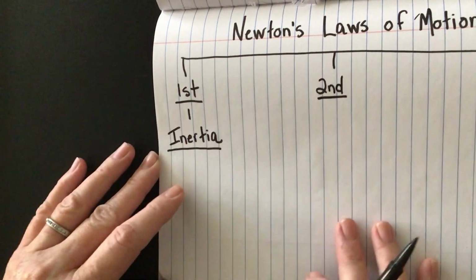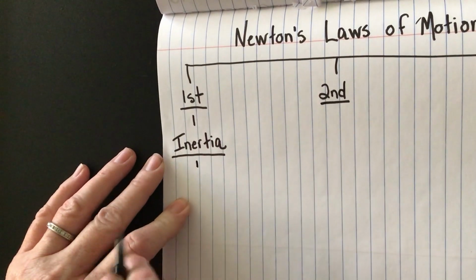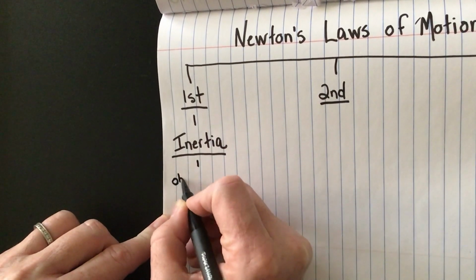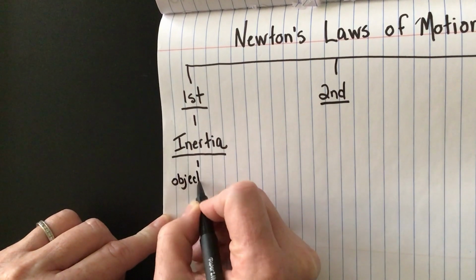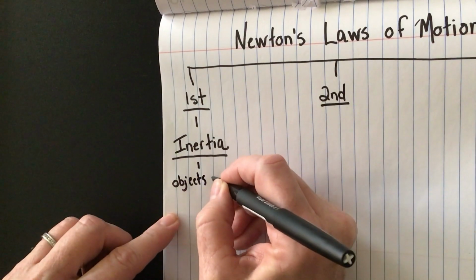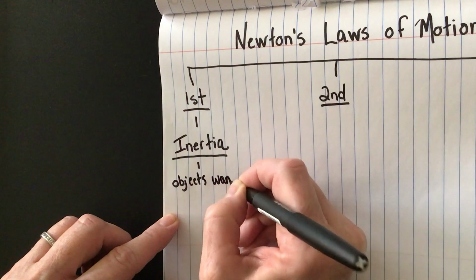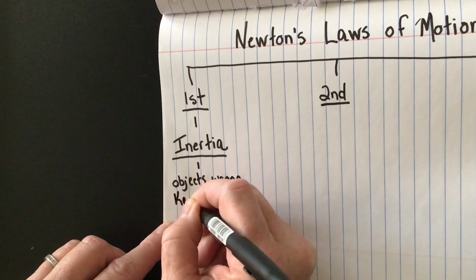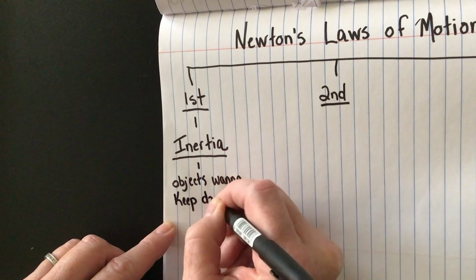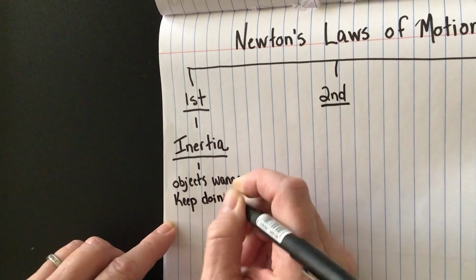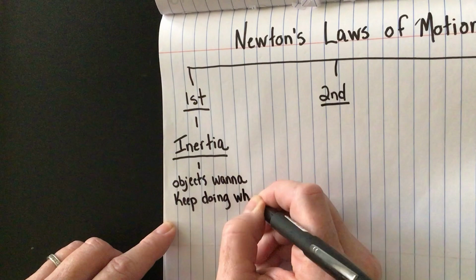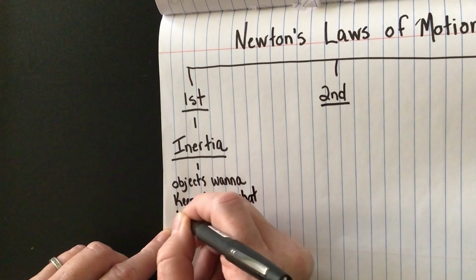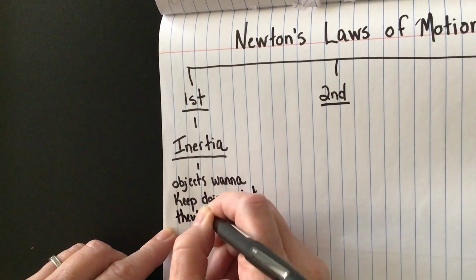Okay, so for these notes, we're going to make it 8th grade language: objects and organisms. So objects want to keep doing what they're already doing.